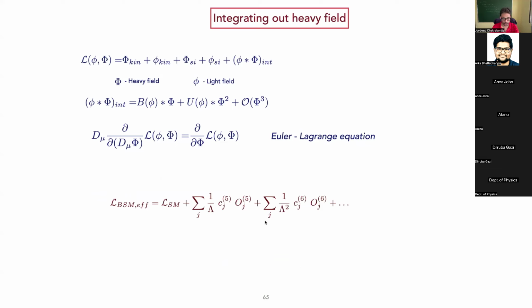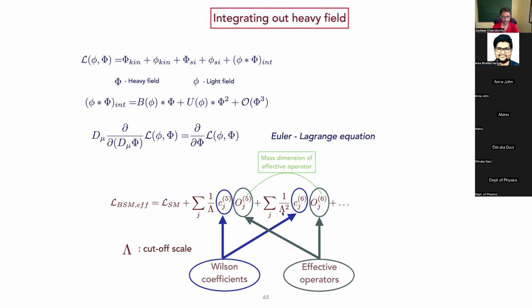Now, when I do that, I can recast my whole BSM Lagrangian in terms of the standard model Lagrangian, and I'll rewrite it depending on dimensions: dimension 5, dimension 6, and so on. And these lambdas are nothing but the mass of the heavy field which I'm integrating out.